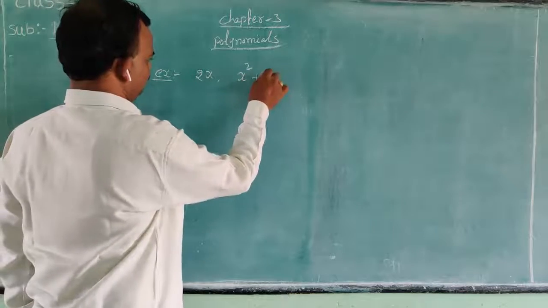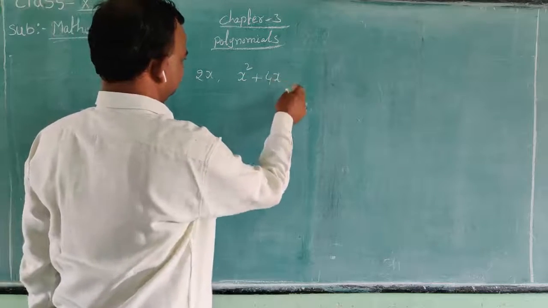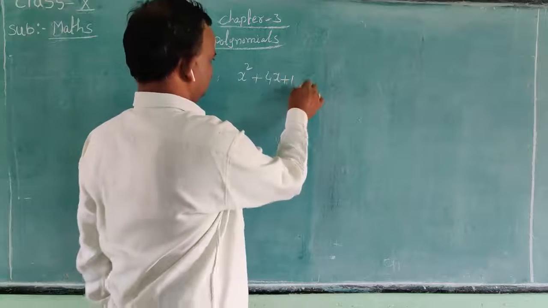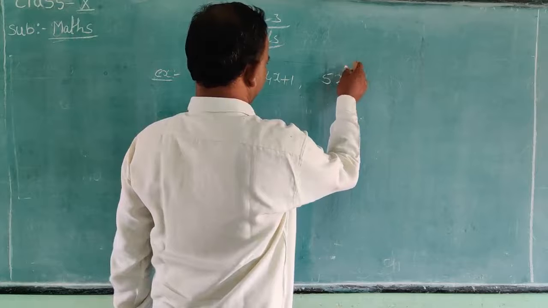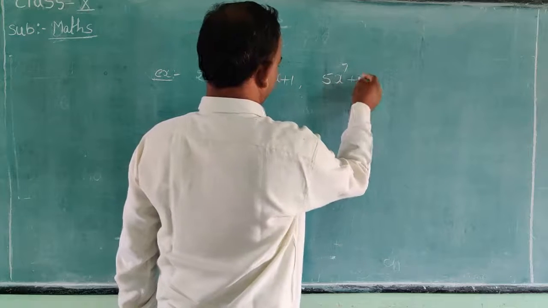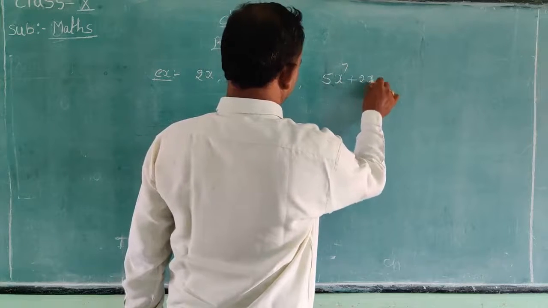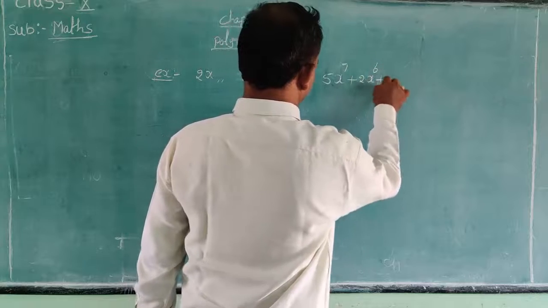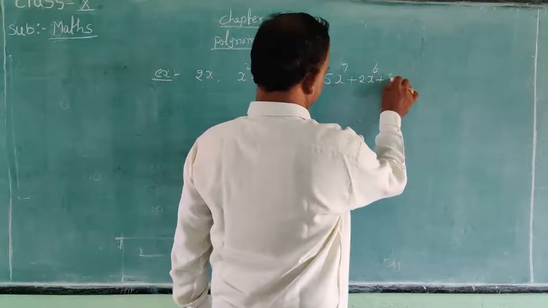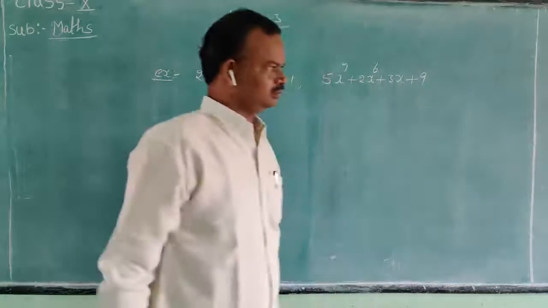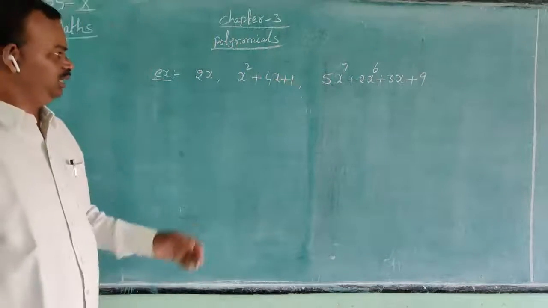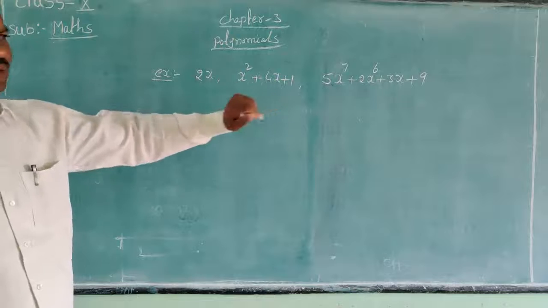x square plus 4x plus 1, or 5x power 7 plus 2x power 6 plus 3x plus 9. The variable is x.